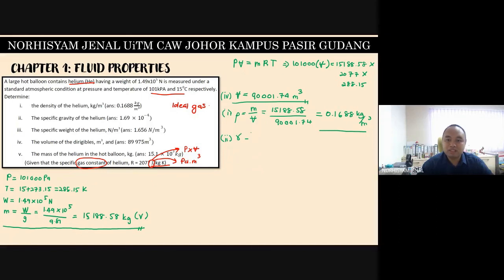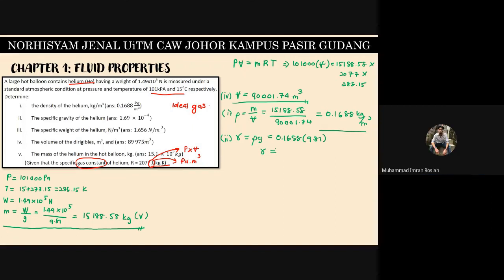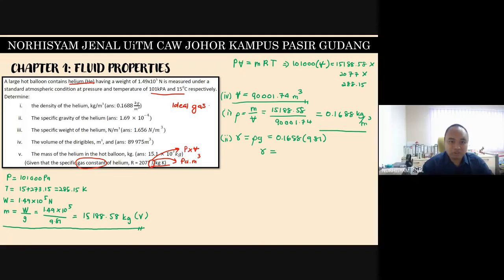So specific weight is equal to rho g. This should be equal to density 0.1688 multiplied by 9.81. So the answer is 1.655.